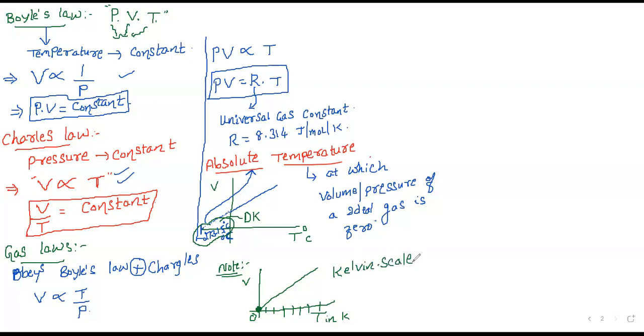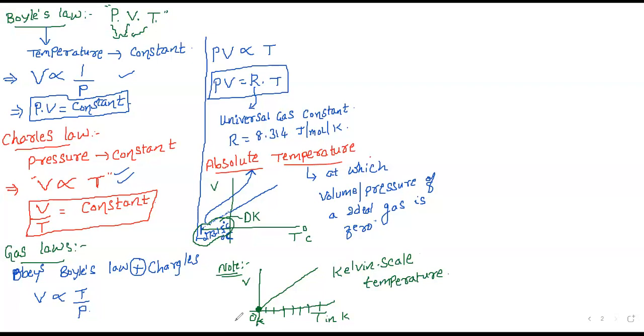What is the Kelvin scale temperature? It is the one designed starting from 0 Kelvin. At 0 Kelvin, the volume of the gas comes to 0. That temperature scale was designed by the scientist called Kelvin, so we call it the Kelvin scale temperature.